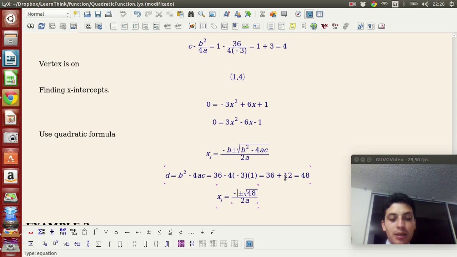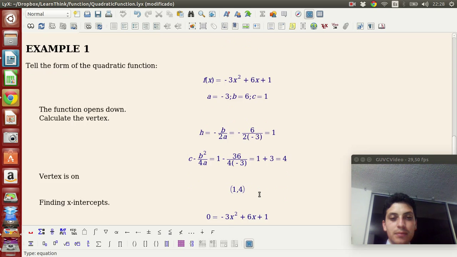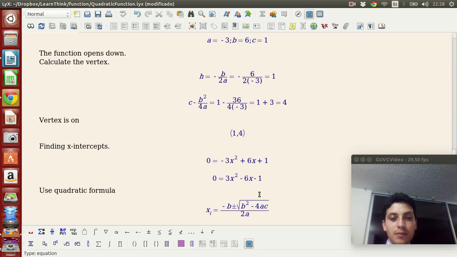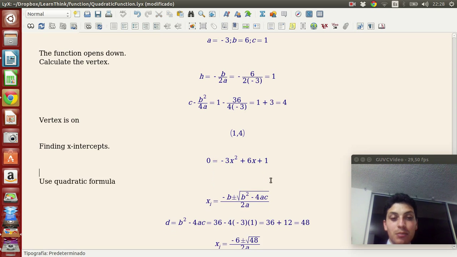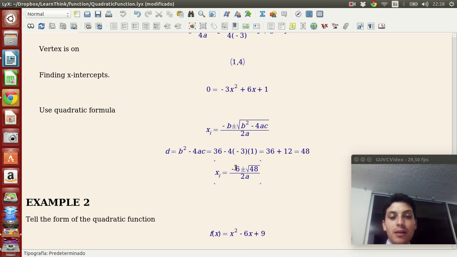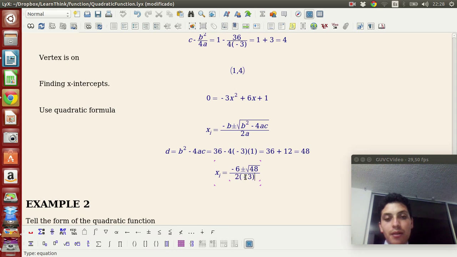And minus b, we saw that is 6. Okay, I'm using the actual equation with a negative, so I'm going to erase that. We're using this: a is minus 3, b is 6, and c is 1. Minus b is 6. And 2 times a will be 2 times minus 3.